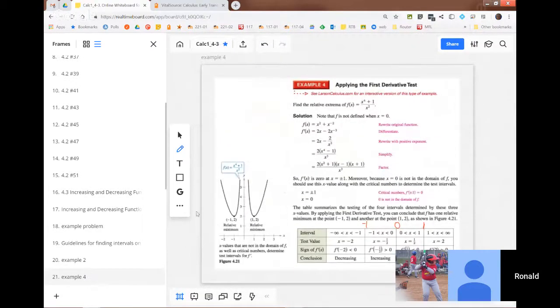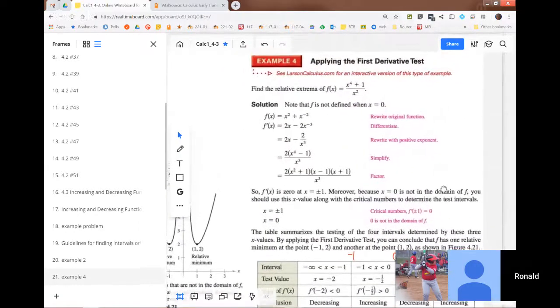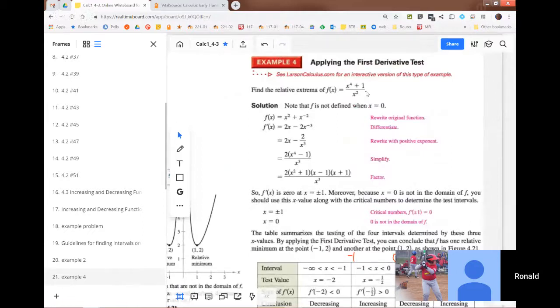Here's another one. Apply the first derivative test. We've got the function x to the fourth plus 1 over x squared. Rewritten, x squared plus x to the negative 2. So what they did is they divided it out.